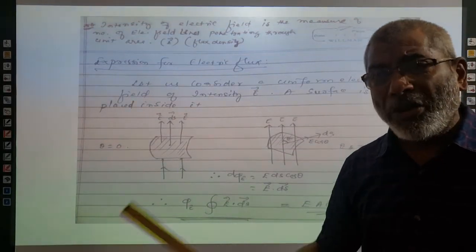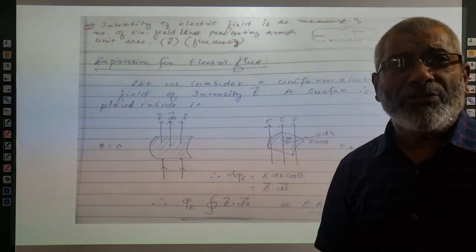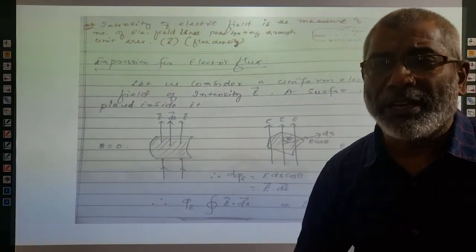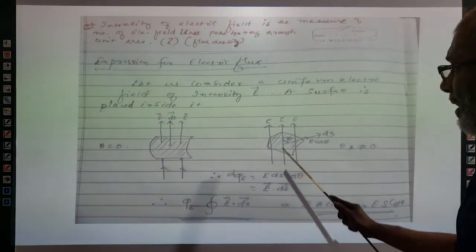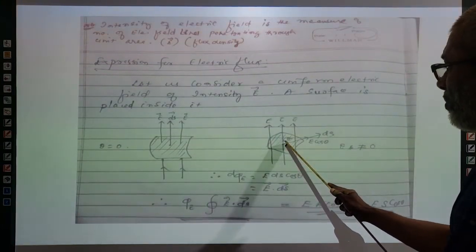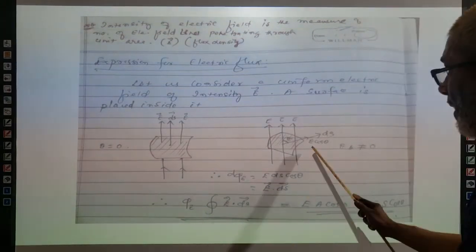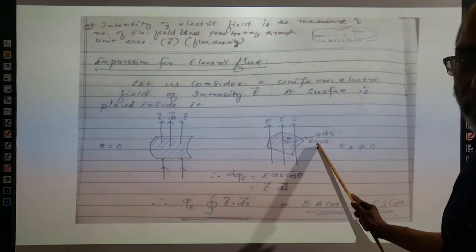And one more thing, you know, intensity of electric field is the number of electric field lines passing through unit area. Hence, the number of electric field lines passing through unit area in the direction of ds is E cos theta.